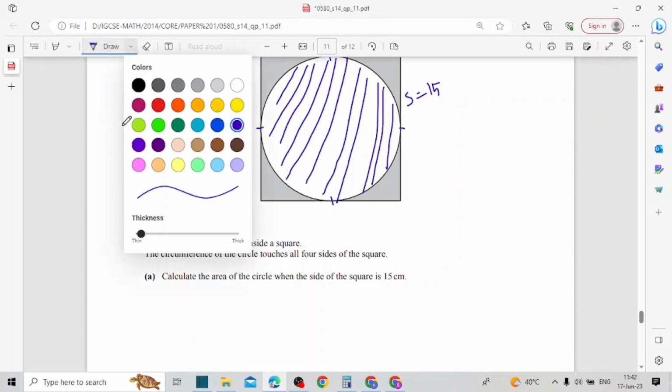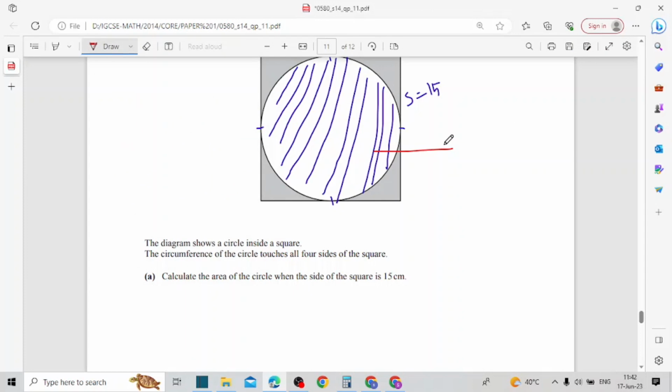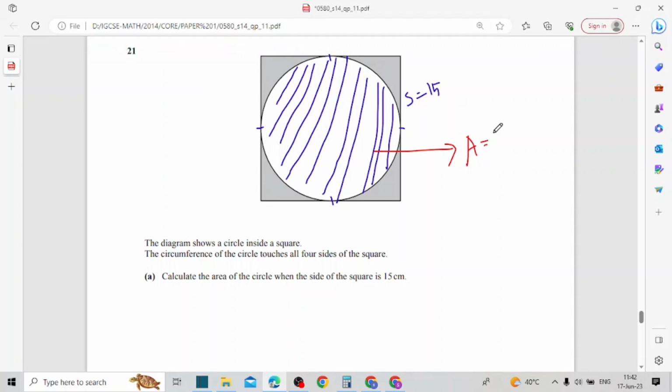We have the formula to get the area of a circle, that is A is equal to pi r square, where r is the radius, right? Okay, now from where do we get the radius over here in the circle?